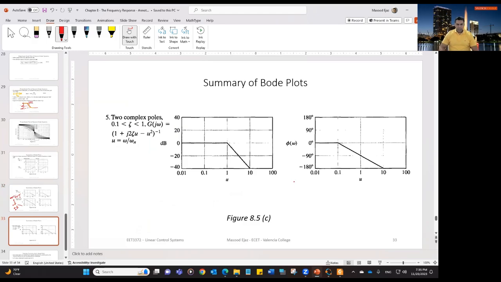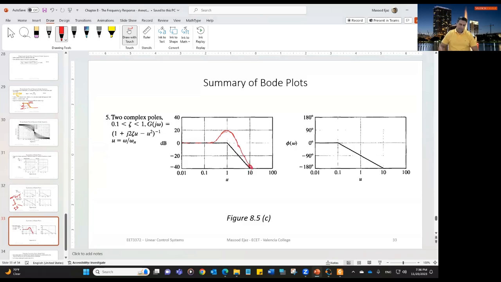And if you have complex poles, zeta is between 0.1 and 1, then you're going to have a zero. Now, this is, again, for Bode plot purpose, it's okay. But if you are doing the actual plot, then of course it's going to curve up based on the value, and then it's going to go down and then merge with this.